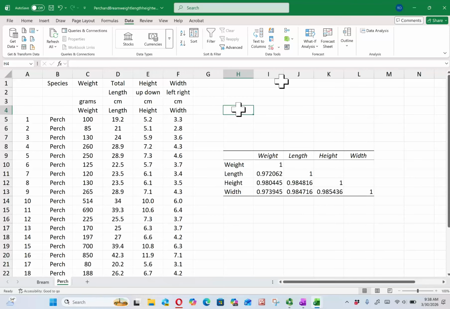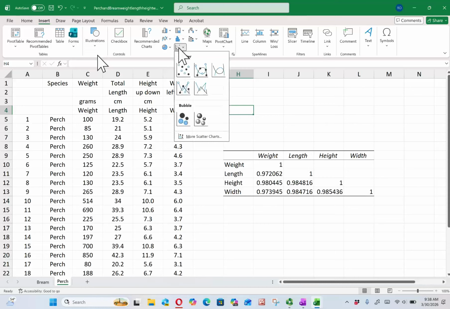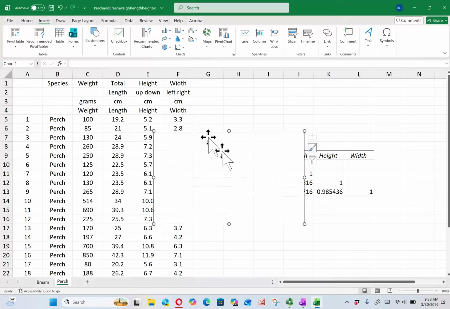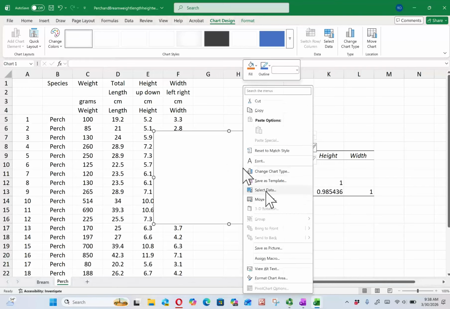I'm going to insert, and then right-click, and I want select data, and I'm going to mark the length as the x value that'll be on the x-axis.